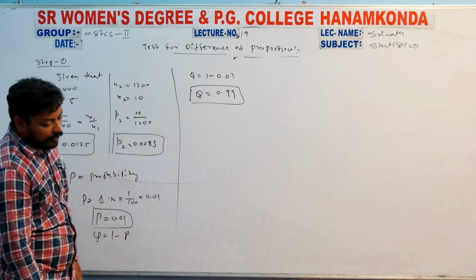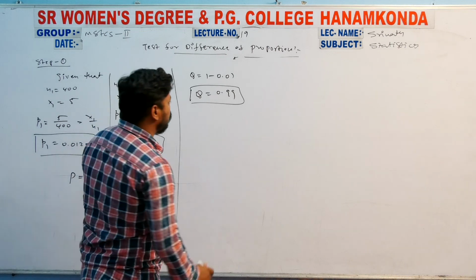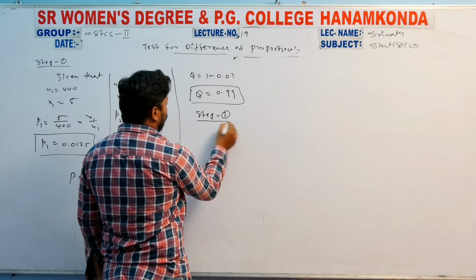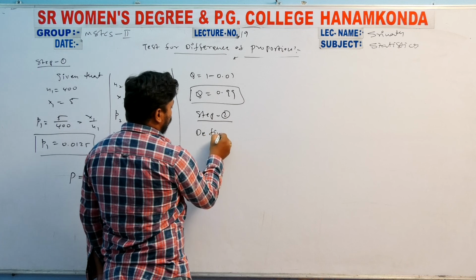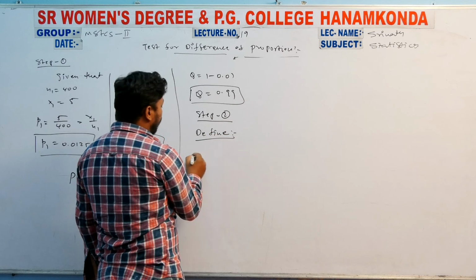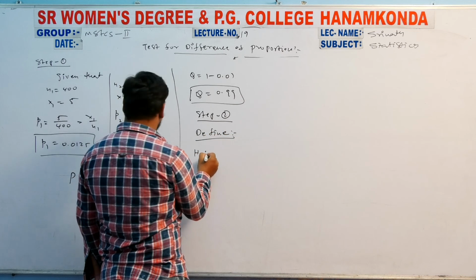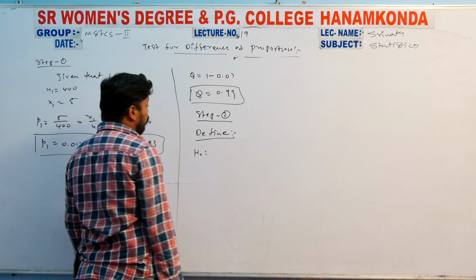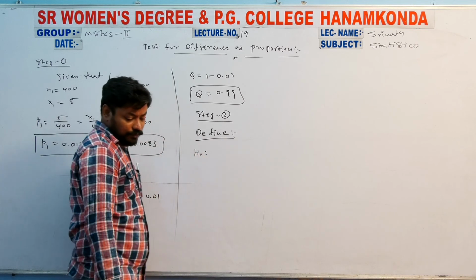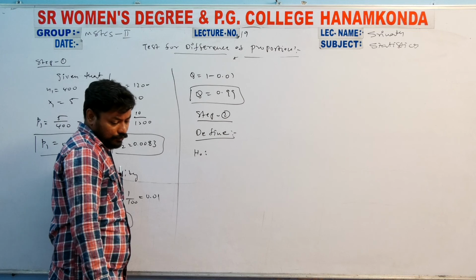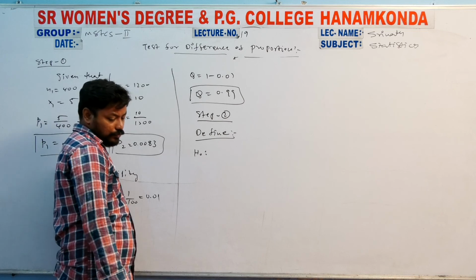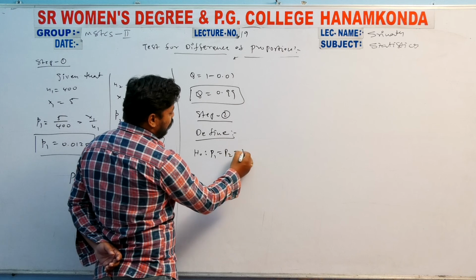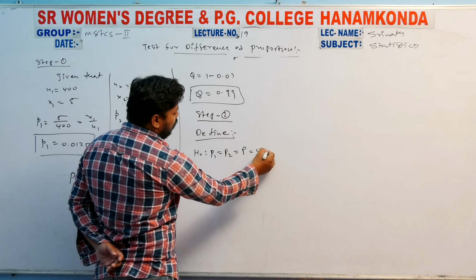Then step 2, define H0: P1 equal to P2 equal to P is equal to 0.01.